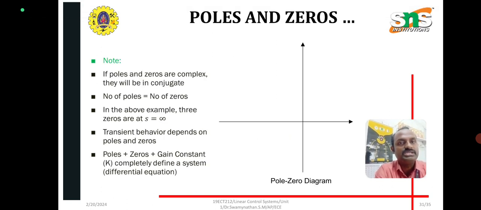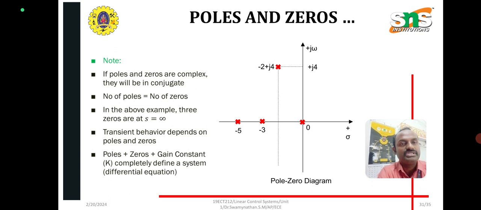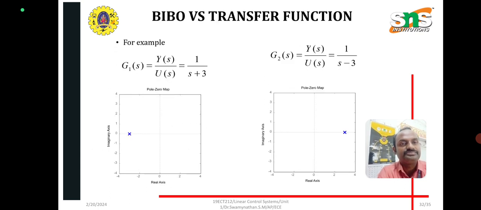In the pole zero diagram, the number of poles equal to the number of zeros, in the above examples, zero zeros, s equal to infinity. Look at this, 0, minus 3, the poles and zeros are all noted.